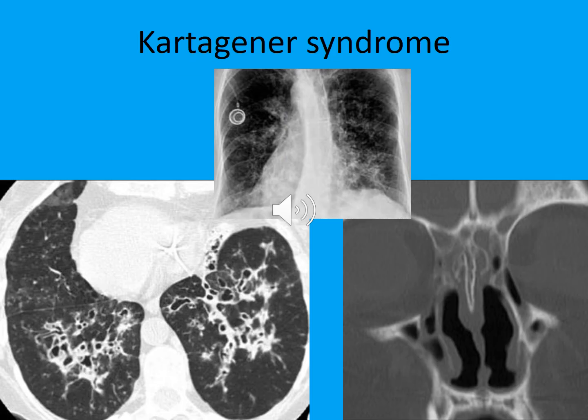Individuals with Kartagener syndrome present with dextrocardia, bronchiectasis with lower lobar predominance and extensive mucosal thickening in their paranasal sinuses.